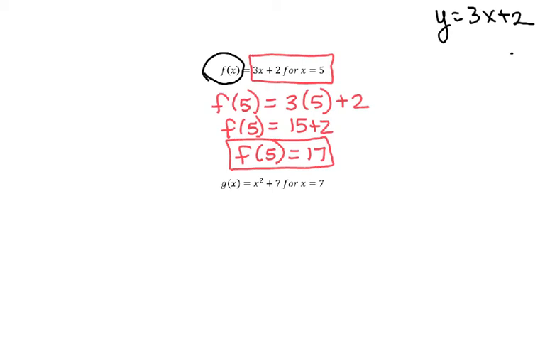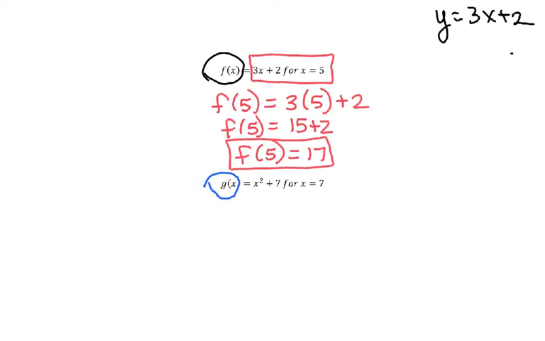Down here, look at this. We have g of x. There are a number of different letters we use for functions. F and G are the most common. H is often used. In probability, we do a probability function with P of x. So there are different letters that can be used.